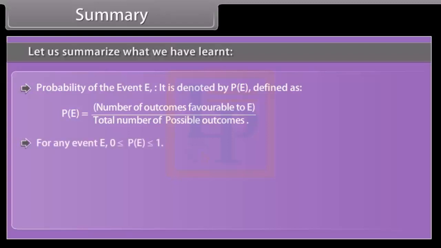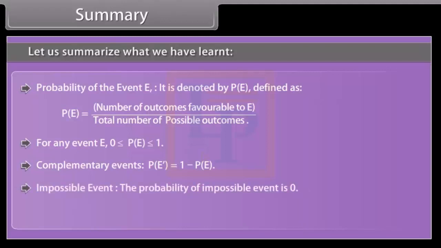For any event E, 0 is less than or equal to P(E), which is less than or equal to 1. Complementary events: probability of event not E is equal to 1 minus probability of event E. Impossible event: the probability of an impossible event is 0. Sure event: the probability of a sure event is 1.